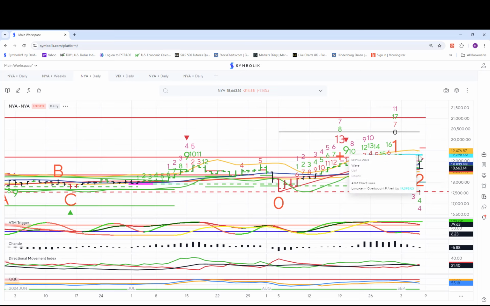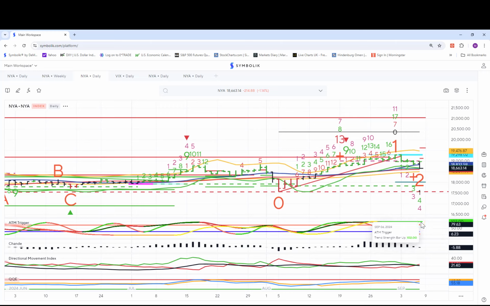And Chart Lines has printed a long-term overbought P alert up. It's been that way for several days. And that means that the pressure here, which is a trend strength bar up, but you can see the pressure back here.